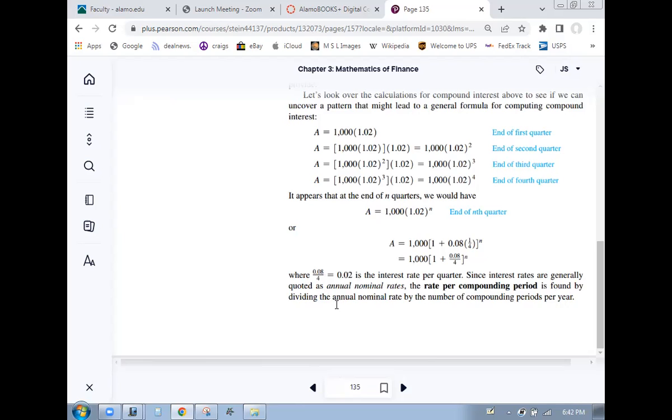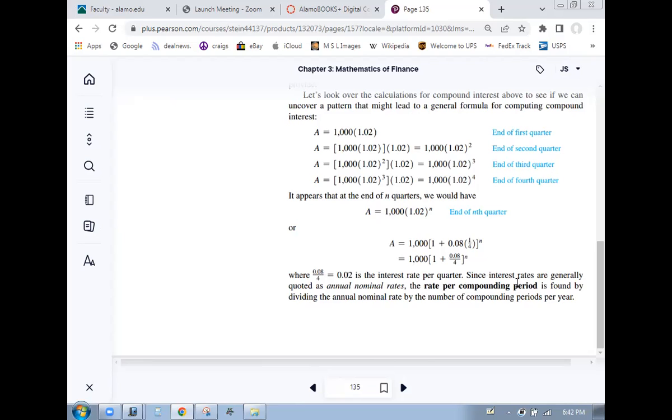So, well, no, see, I mistook it. I thought it said the annual nominal rate, comma, the rate per compounding period. I thought they were defining annual nominal rate by the phrase rate per compounding period.